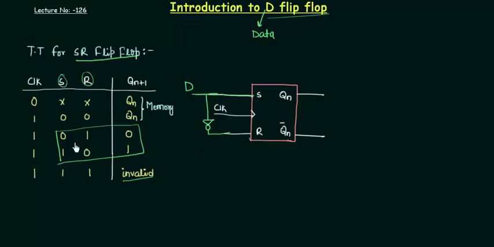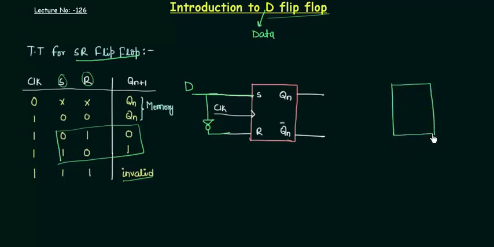That was this case. When D is 1, it means S is 1, and my R is 0, it means this case. So I need only a single input, that is my D, and to get the other I will complement it. This is what we do to have our D flip-flop by using the SR flip-flop. So I can make a D flip-flop like this.